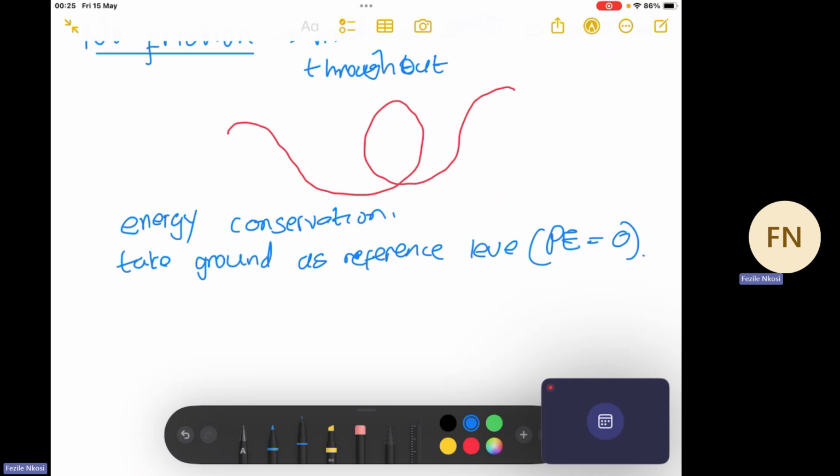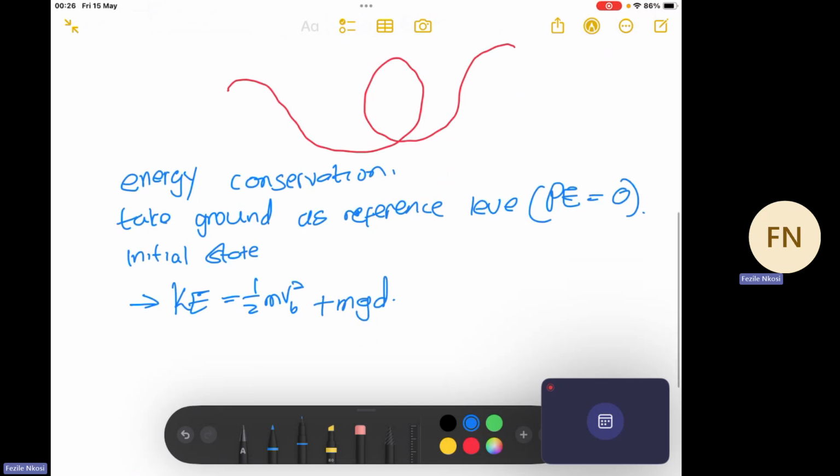And so the final state, where the car is at the bottom of the loop, at height d, we have something of this sort: KE, half m v squared, b is for bottom, plus mgd, right?